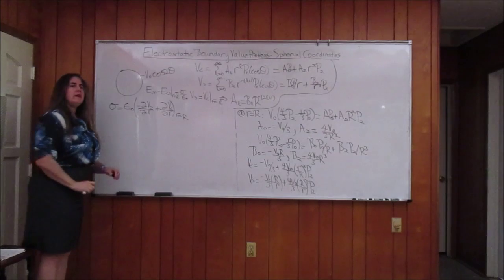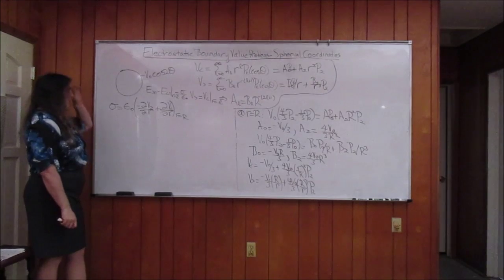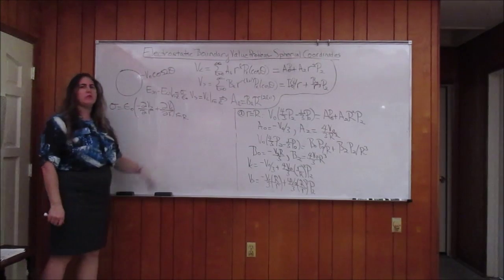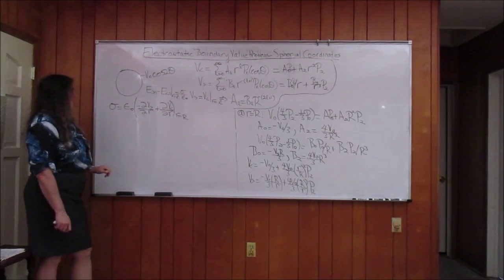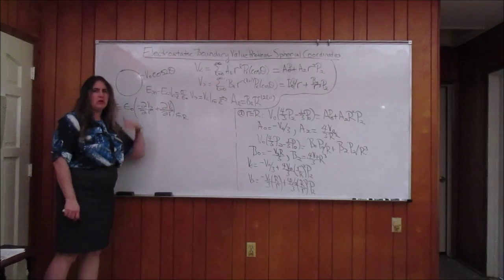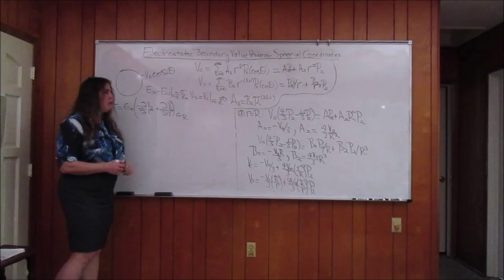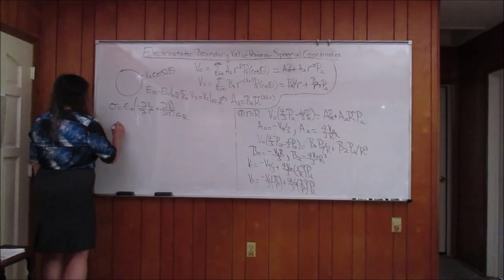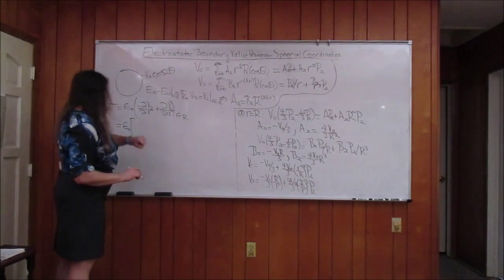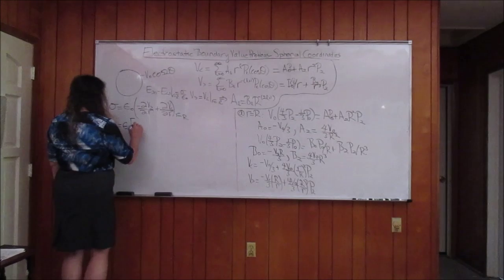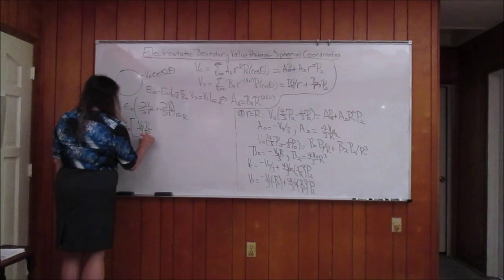This is your boundary condition that the normal component of the electric field suffers a discontinuity at the surface of the sphere, and remember, electric field is equal to minus the gradient of the potential, which is why we have the minus signs reversed here. And again, the normal component is in the radial direction, so that's why we're taking the partial derivative with respect to r. In the first case, we've got the partial derivative with respect to r, so this is V naught over 3 r squared.